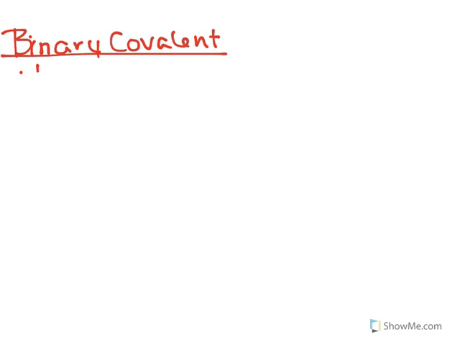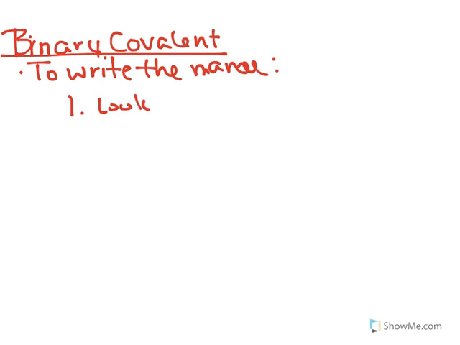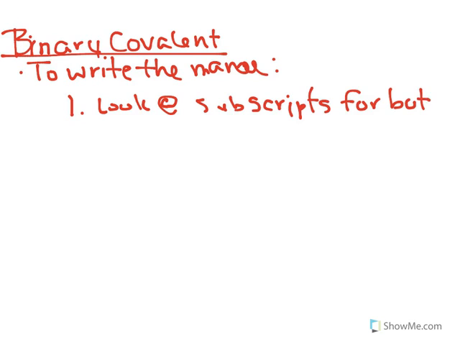Let's start with how to write the name. Okay, to write the name, you are going to look at the subscripts. Those are the little numbers at the bottom for both elements.